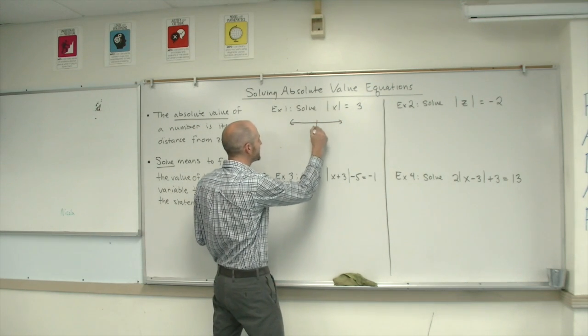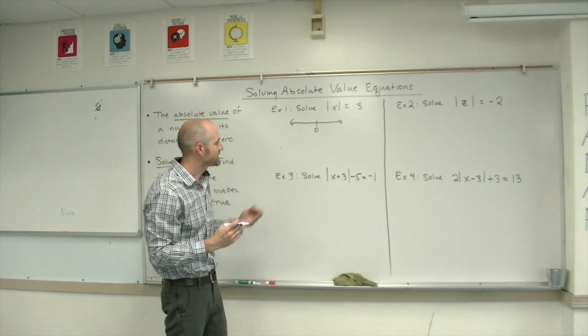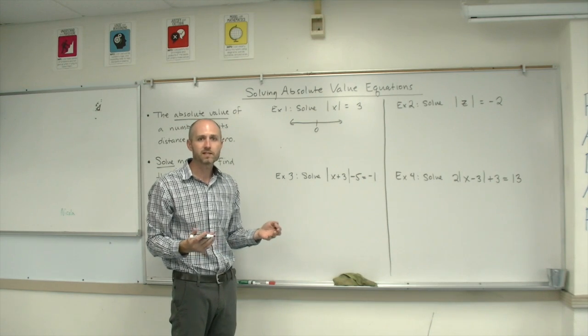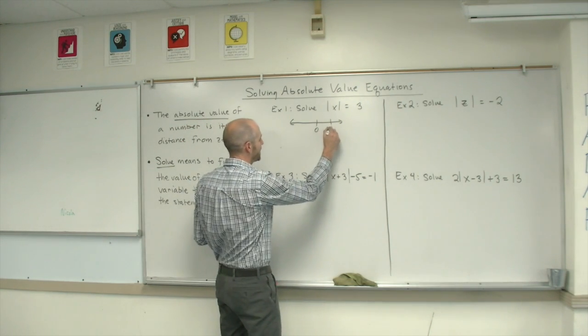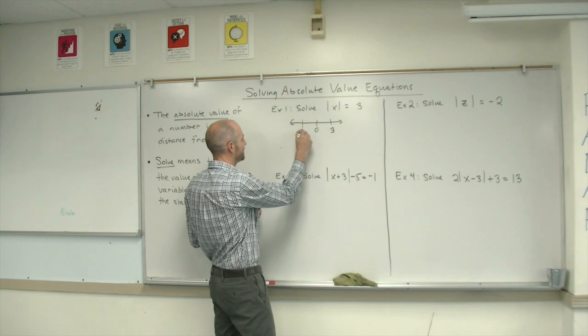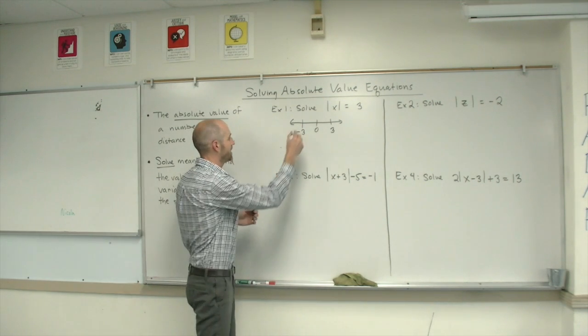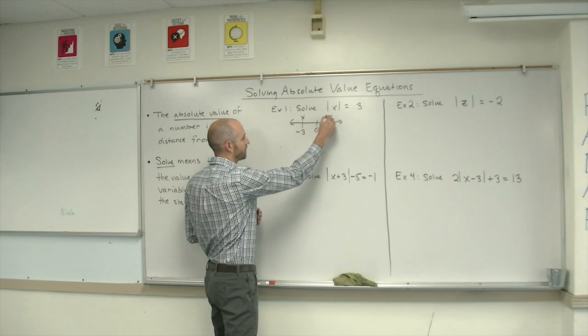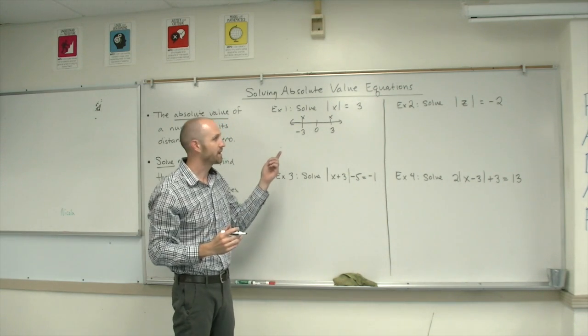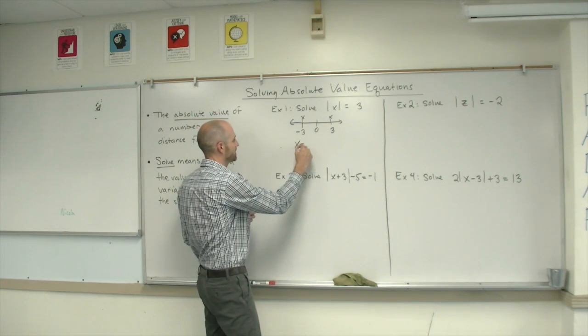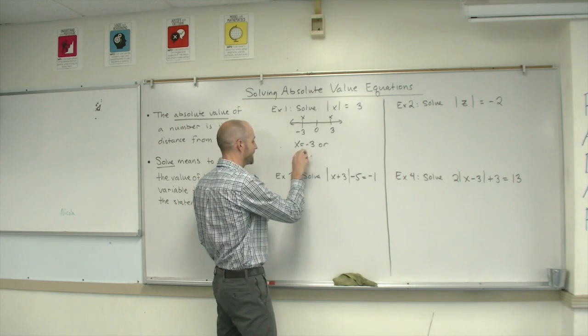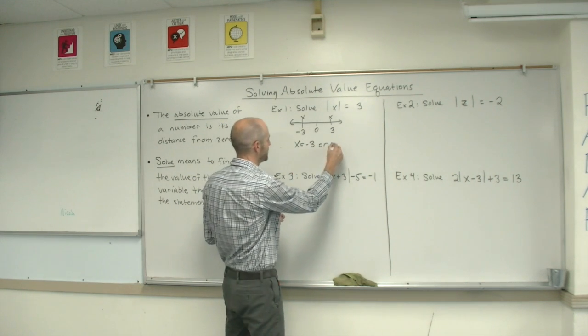Where could this number be? If its distance from 0 is 3, then it can only be two places. Either it could be at 3, or it could be at negative 3. So either this unknown number is here, or it's here. That's why this statement has two solutions. Either x is equal to 3, or x is equal to negative 3.